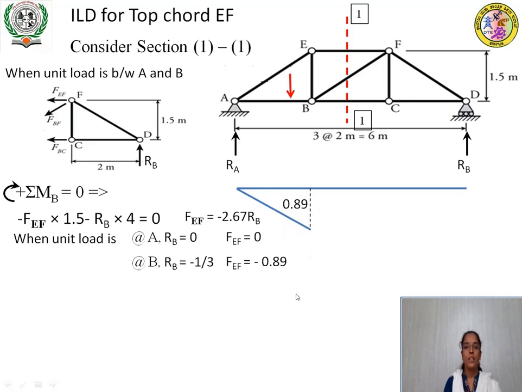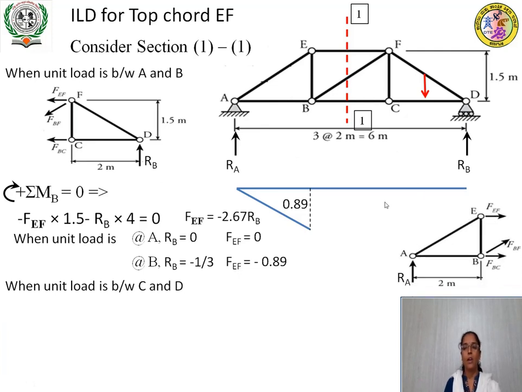Next, when the unit load is between CD, this is the next segment when the unit load is in the CD section. Let us consider the unit load in that part. As the unit load is in the right section, let us consider the left part for the application of equilibrium conditions.